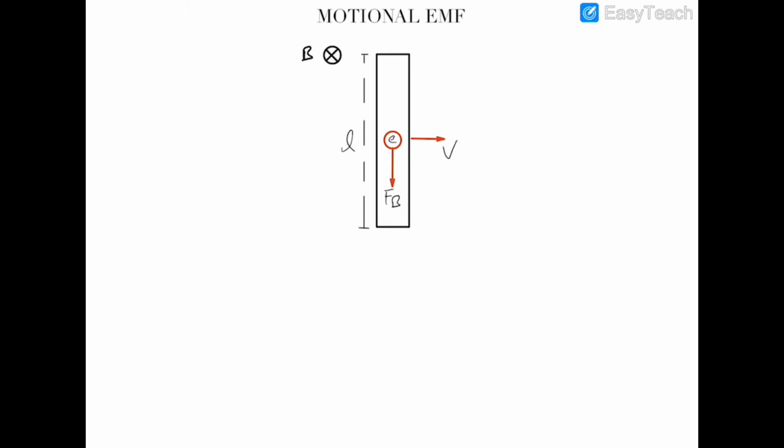As time progresses, these electrons will be accumulated in the downward part of the rod, and therefore the positive charge would be accumulated in the upper part of the rod, and therefore an electric field will also be developed in the direction from up to down, like that.